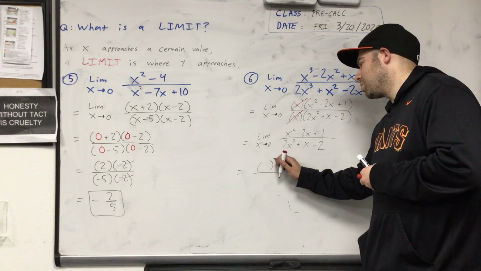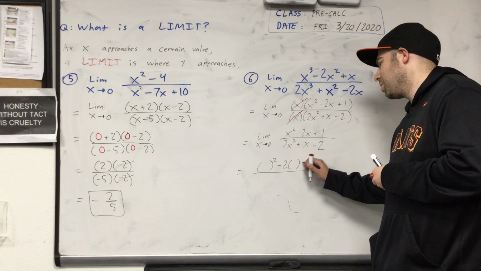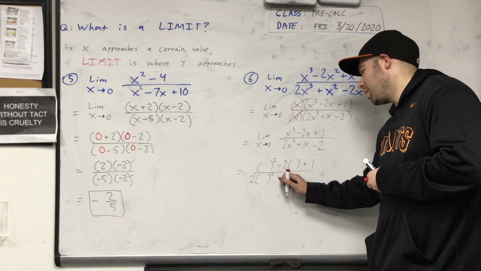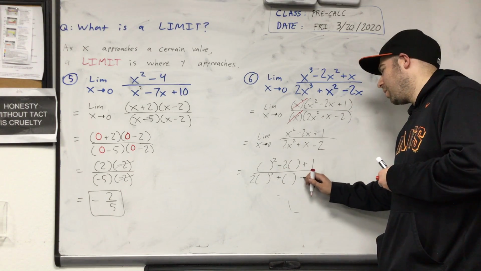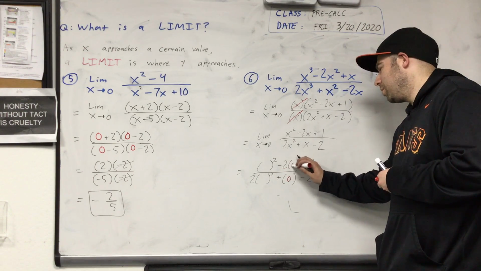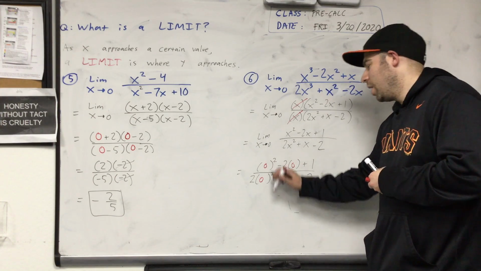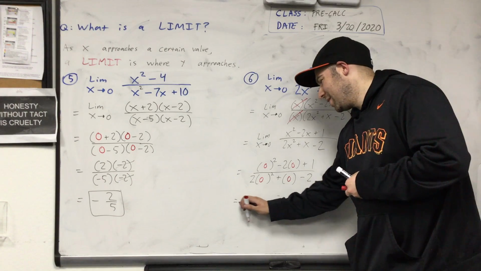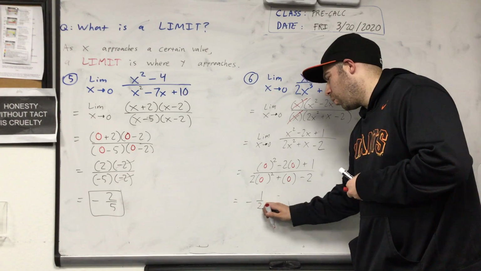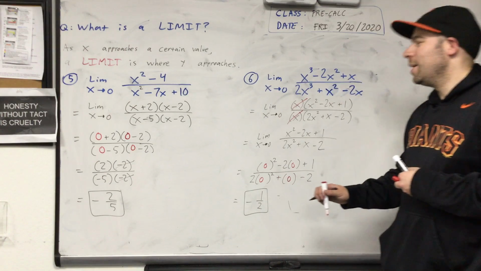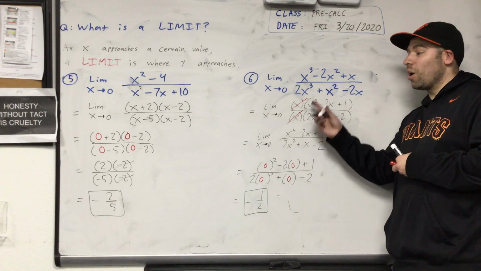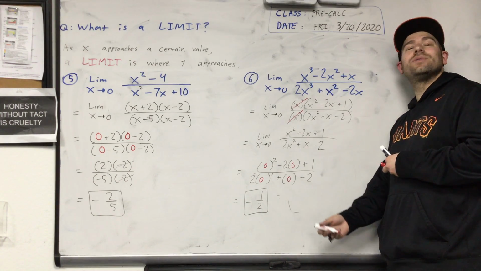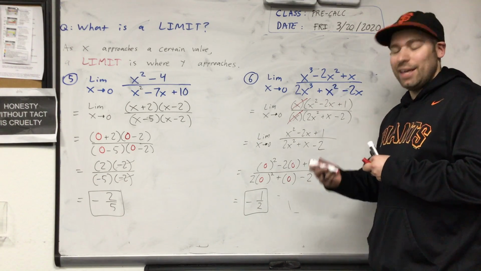I get 0 squared minus 2 times 0 plus 1 over 2 times 0 squared plus 0 minus 2. 0, 0, 0, 0, except for that 1 over negative 2. So that's negative 1/2. But the point itself is a hole in this situation. x equals 0, y equals negative 1/2 is a hole in the graph.